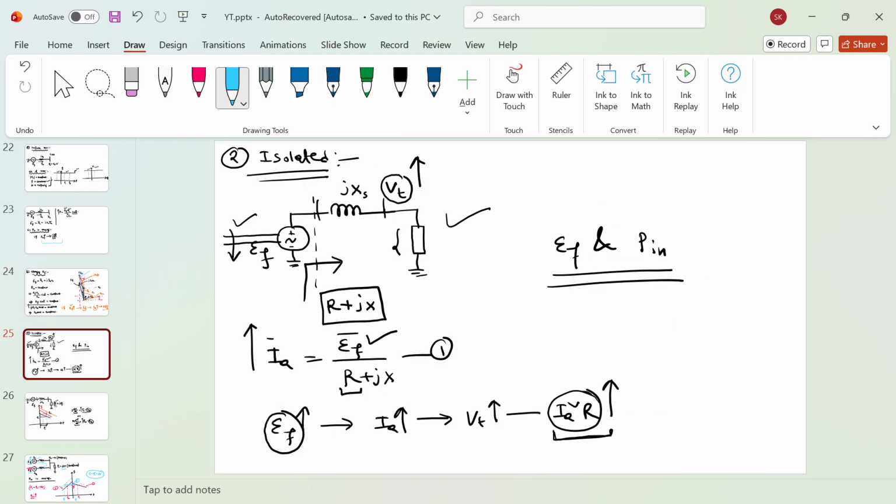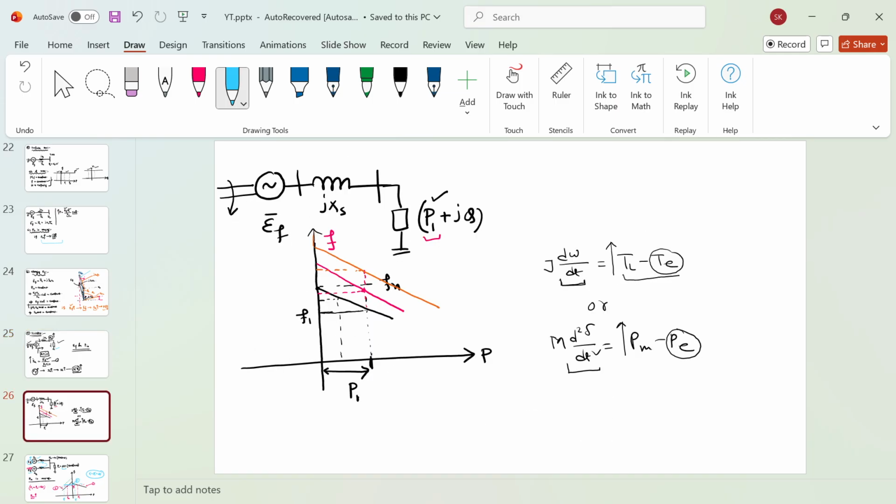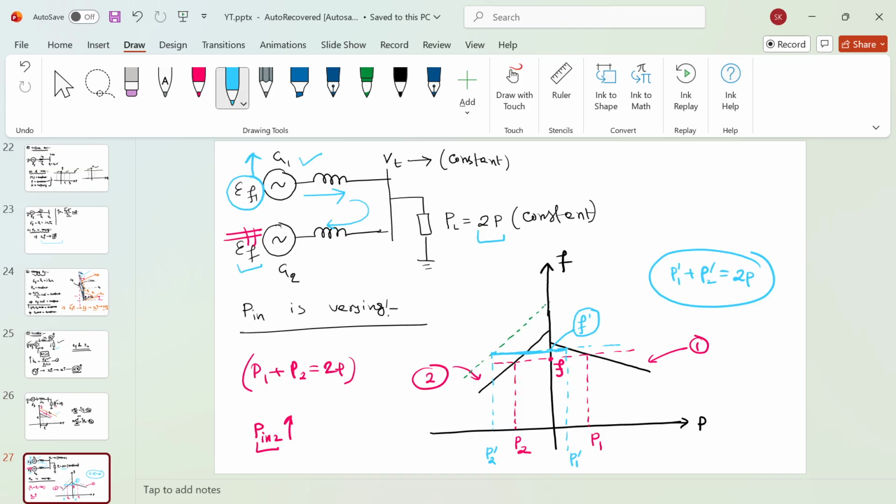And we have also discussed what will happen in case of an isolated synchronous generator connected to a load. Here also the frequency can vary; if you increase the input power, the frequency will definitely vary. In isolated condition, the frequency is not a constant term, it will keep on varying. Okay, so that's what I wanted to discuss in this video.